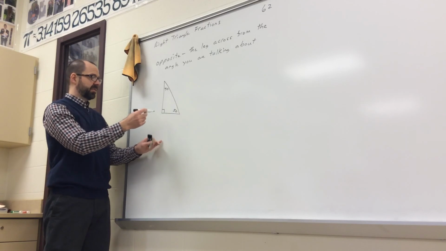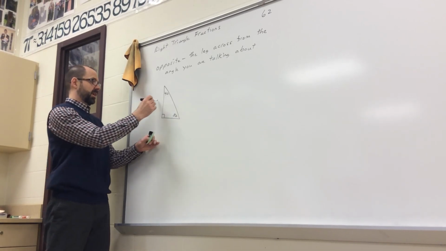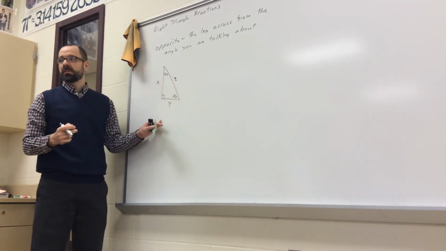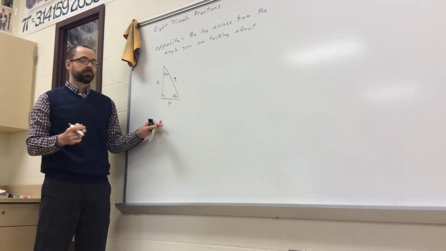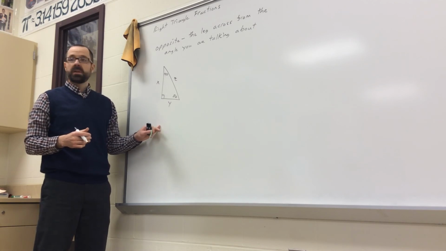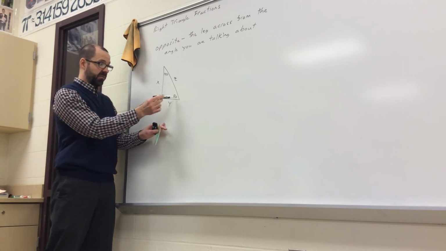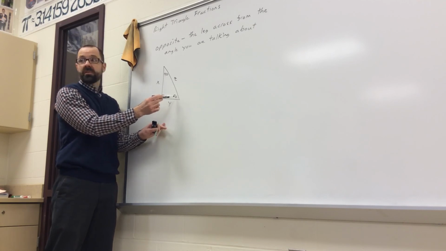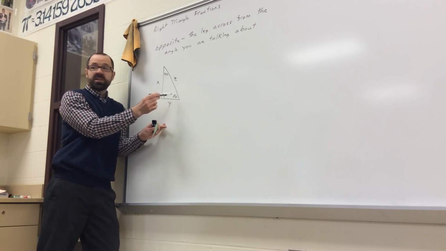And then the sides, let's call them X and Y and Z. So there's the triangle we're going to refer to. Okay, so first let's focus on 50. What is the side that's across from 50? I'm asking for the side across from 50.